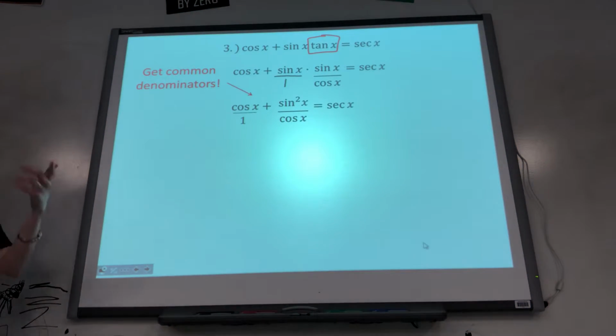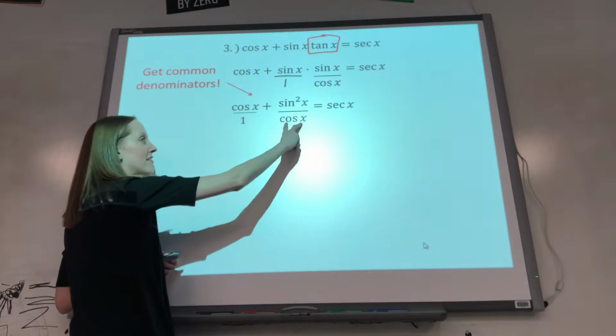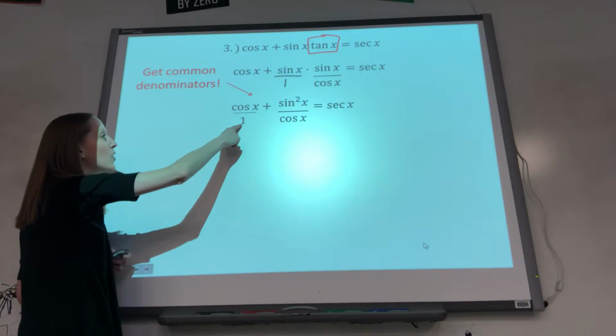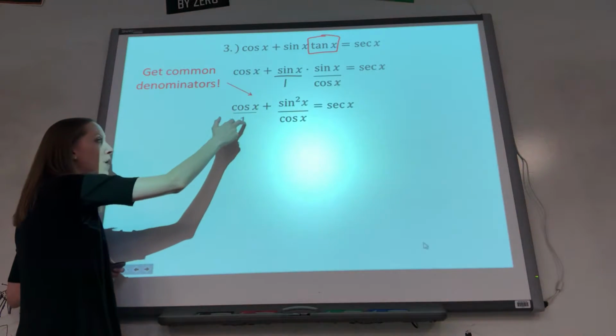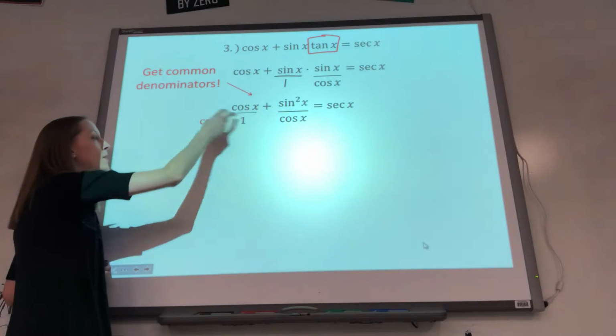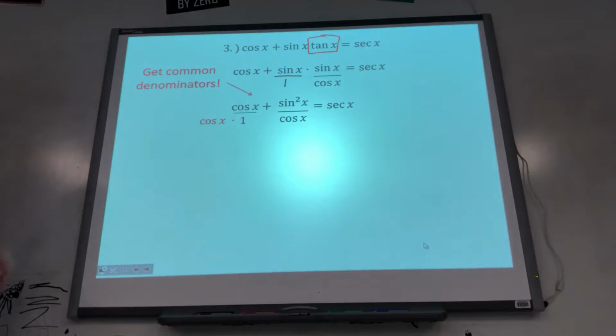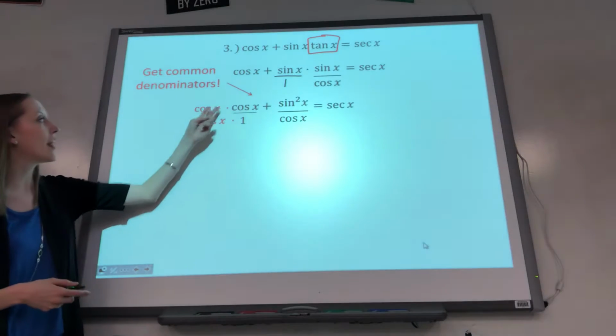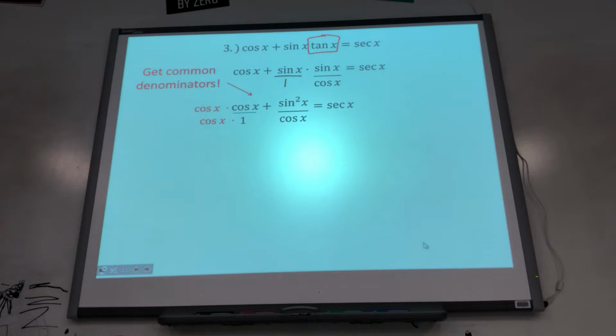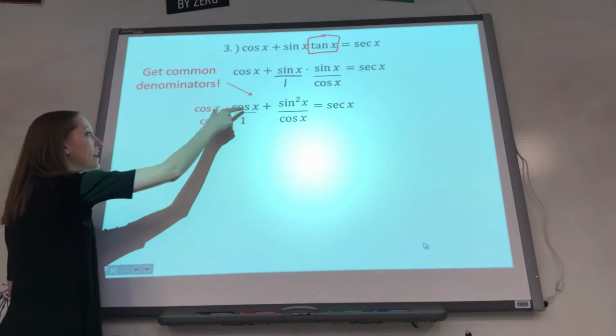Cosine of x. Yeah, very good. This is cosine of x. This is just a little old 1, but we could multiply that 1 by cosine of x to turn it into cosine of x. Now don't forget, whatever you do to the bottom of a fraction, you also have to do to the top. So we're on a roll here.